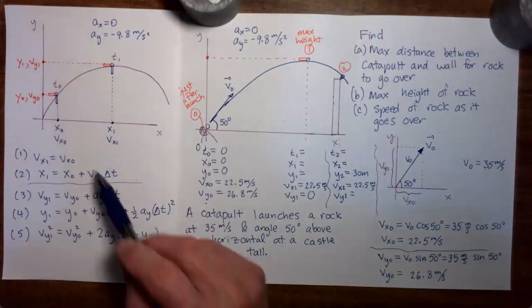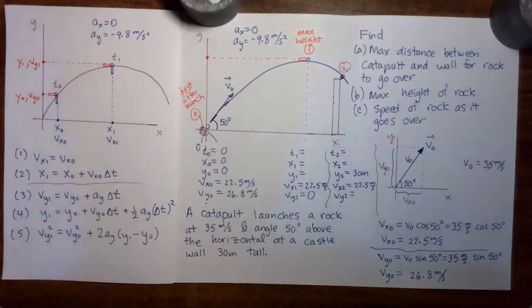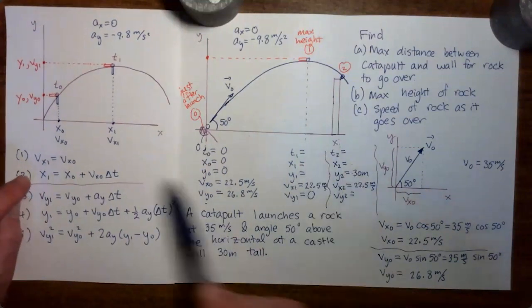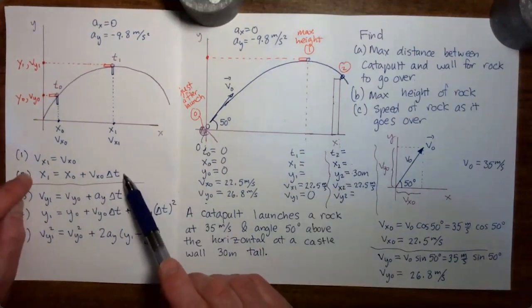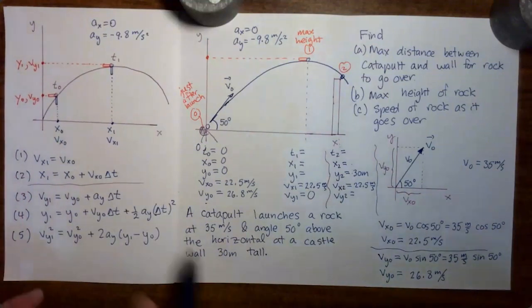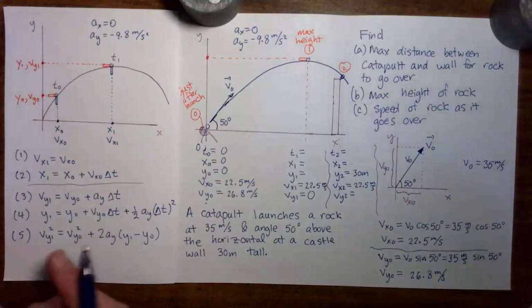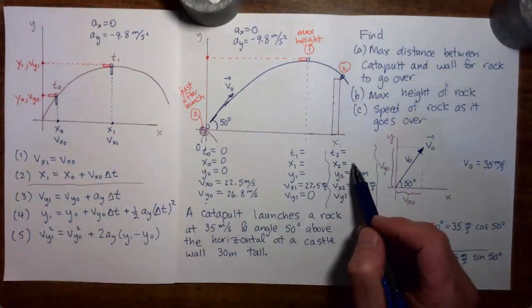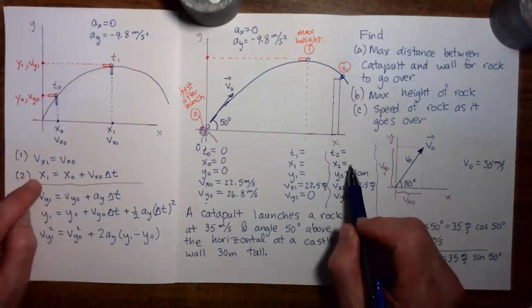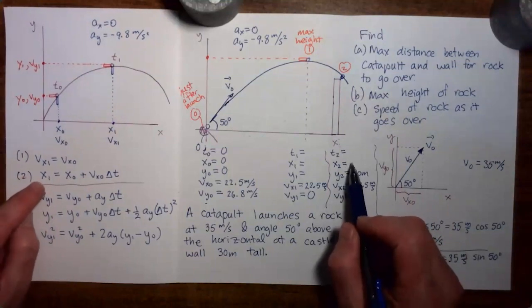Well, let's go to the equations over here. And you notice that there's only one equation with an x in it. Here we're looking for x2. I've written the equations over here so that they connect moment 0 and moment 1. That's not a big deal. We can always change the subscripts to connect moment 2 to the other moments. But the problem here is this is our only equation which has an x in it.